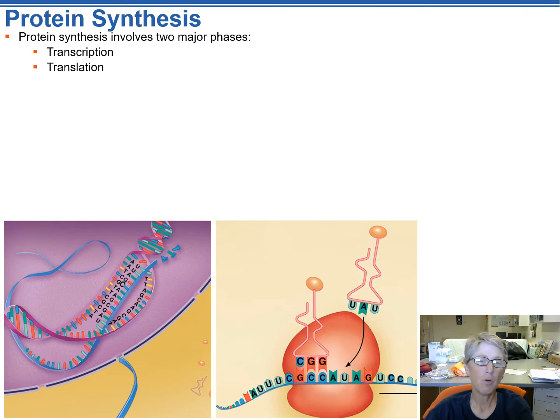Okay, so protein synthesis involves 2 major phases, transcription and translation. Remember, I told you that transcription is a process where you transcribe DNA into RNA, and translation is the process where you translate RNA into a polypeptide and then a protein.